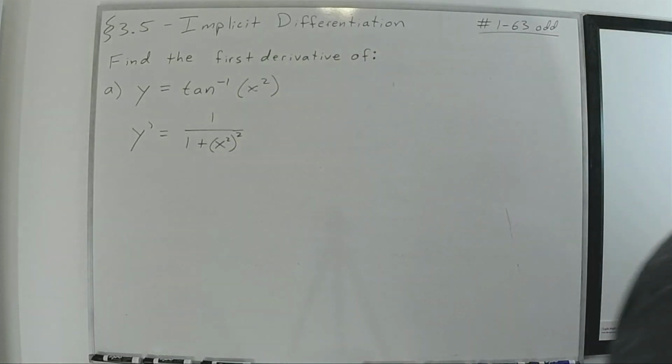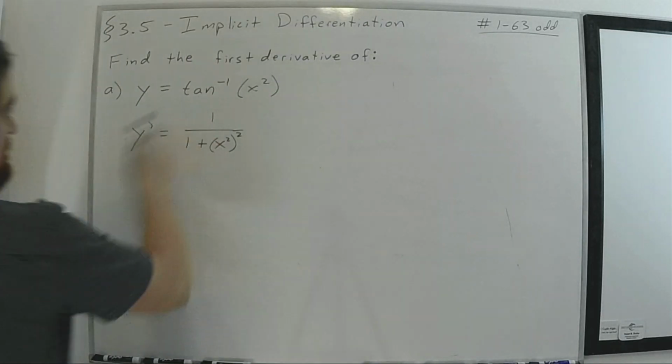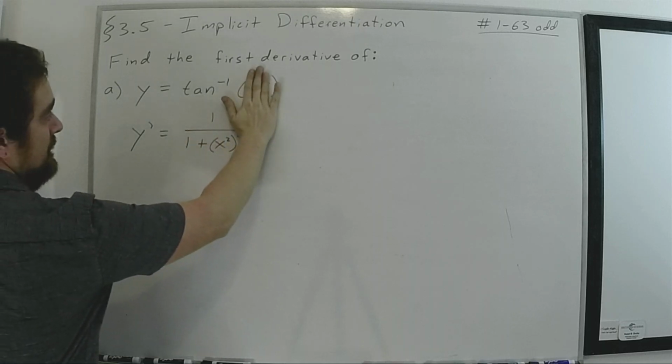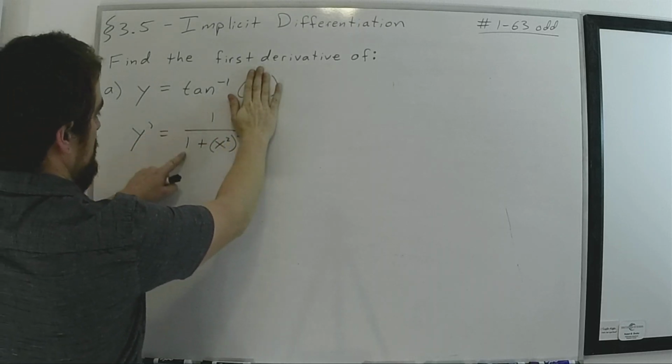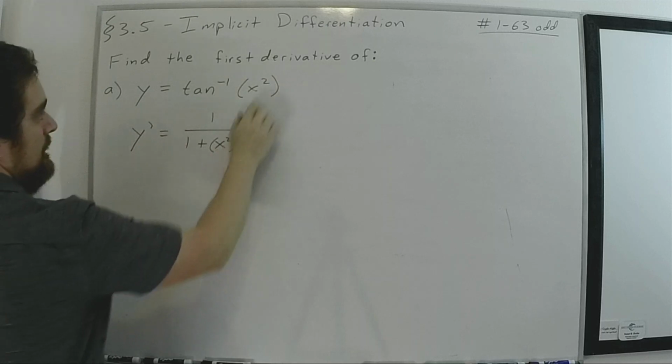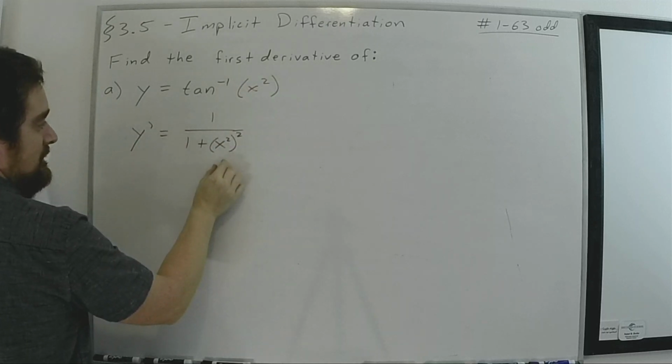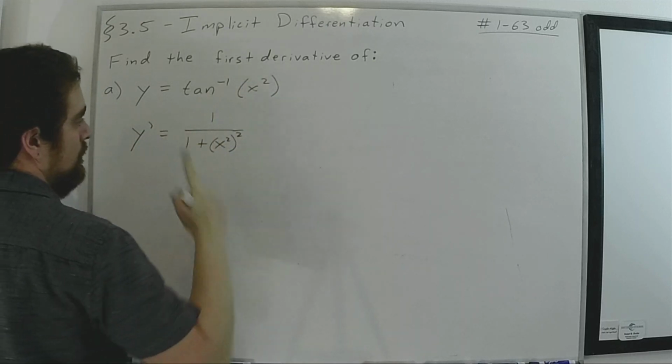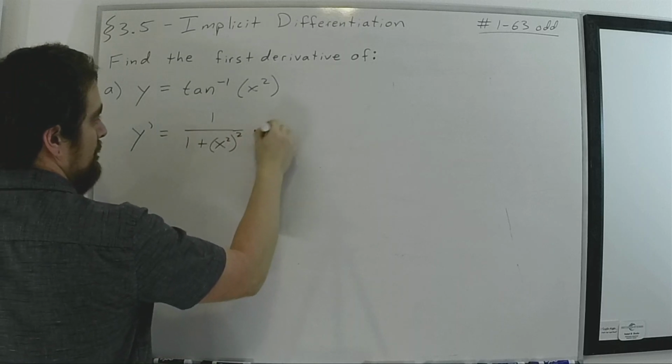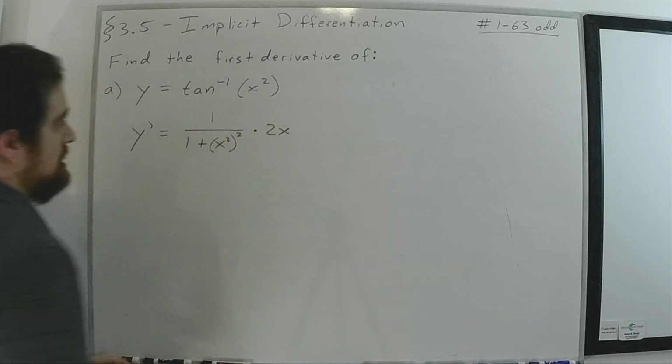So I do have to be careful about using those chain rules still to make sure I'm getting the proper derivative. So I'm differentiating the tangent inverse function. I would just get 1 over 1 plus x squared, but I have to rewrite the inside thanks to chain rule and then multiply by the derivative of the inside thanks to chain rule.